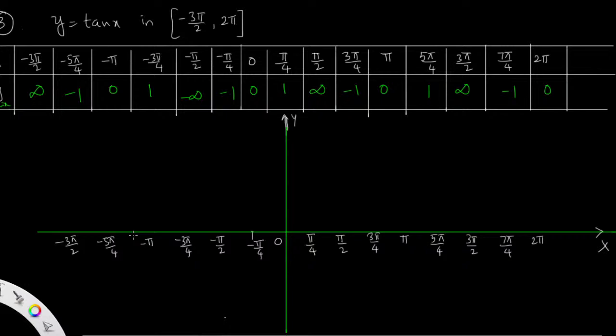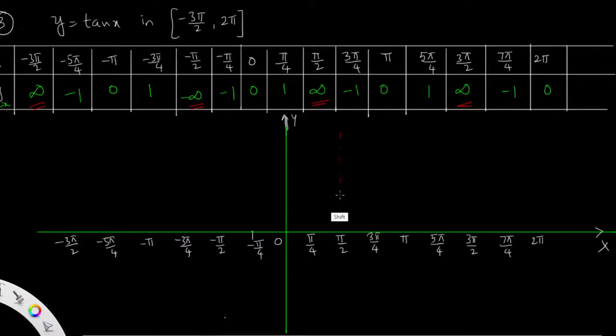Okay, first take the infinity values. That is, wherever you get infinity: pi by 2 and 3 pi by 2, and similarly minus pi by 2 and also minus 3 pi by 2. So draw these lines as imaginary lines, wherever pi by 2 is there.